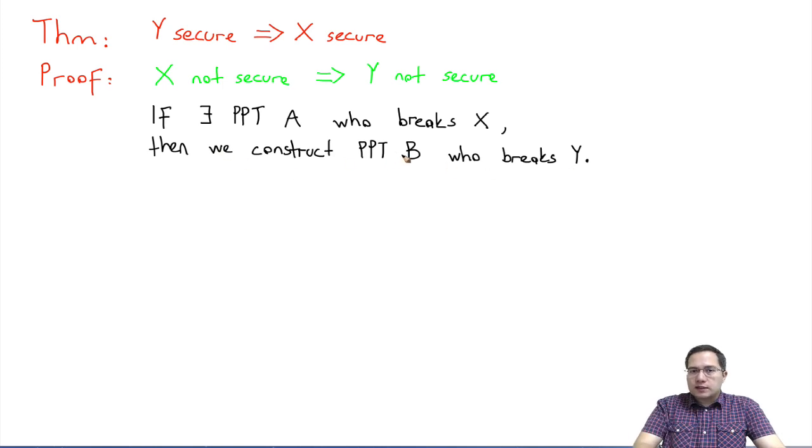We are going to construct this B. This is very important. We are performing a constructive proof here. Okay?